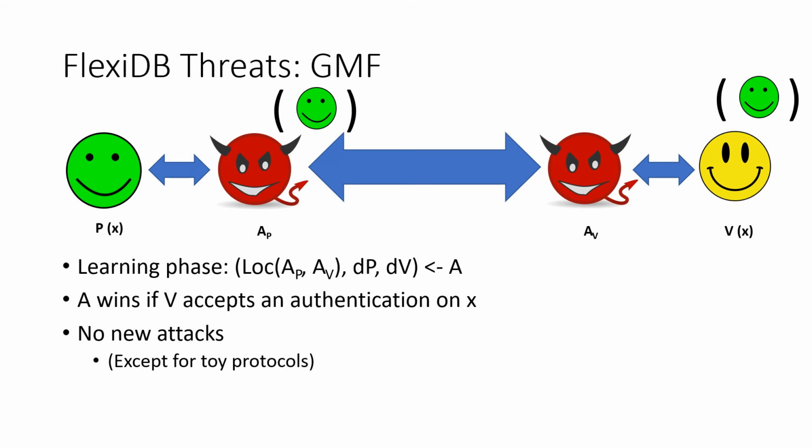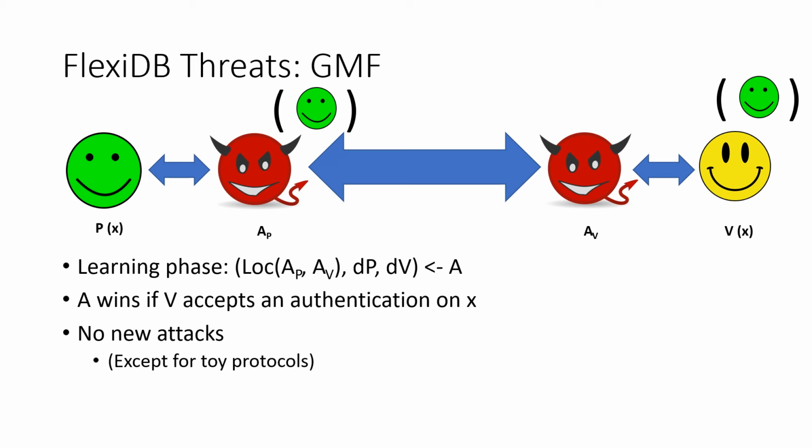The first threat we model is GMF, or Generalized Mafia Fraud, which, similar to mafia frauds in the BMV model, has a learning phase. So we have the adversary interacting freely with everyone and then outputting a location for AP and AV, as well as a designated prover and a designated verifier, which will be the targets of the attacks.